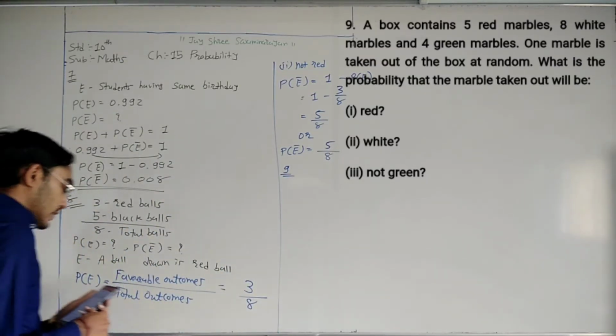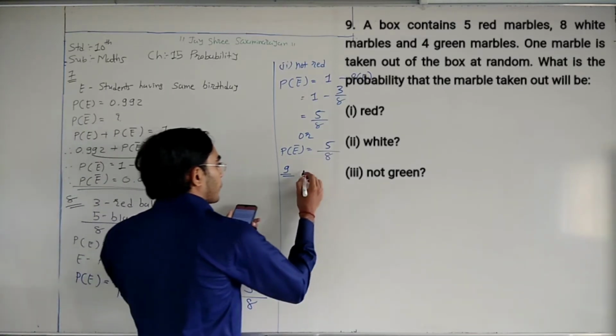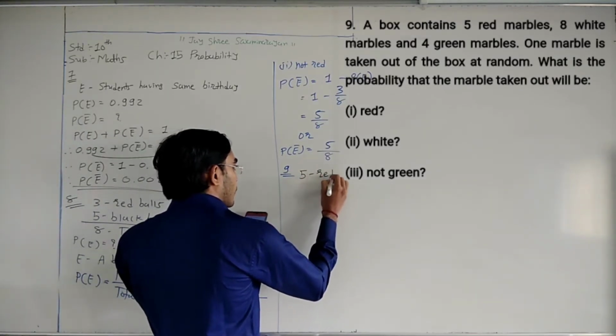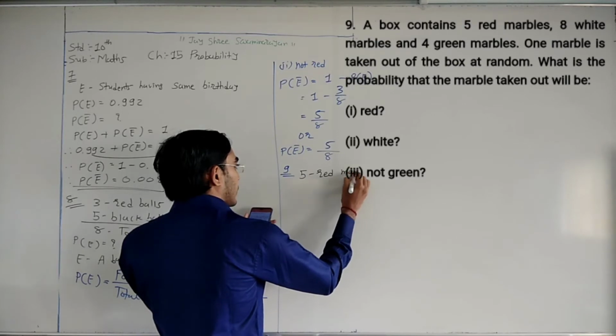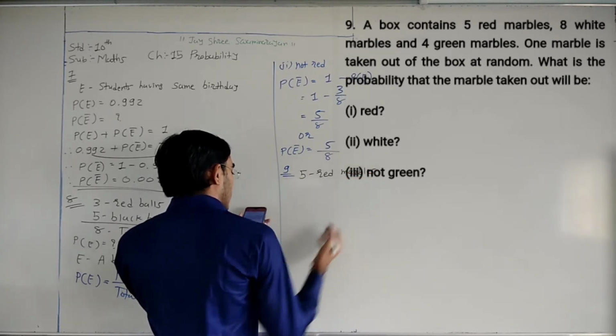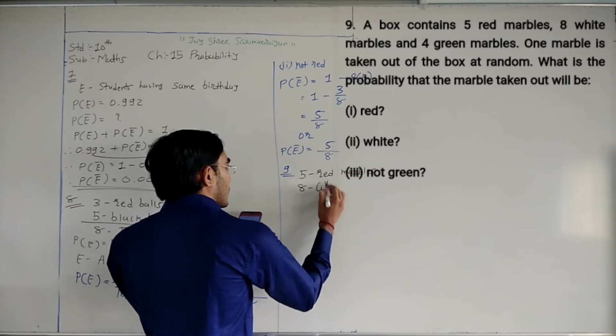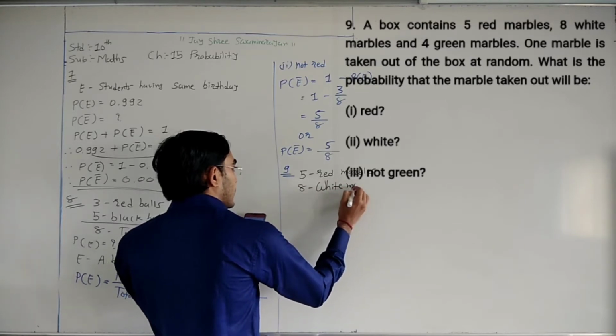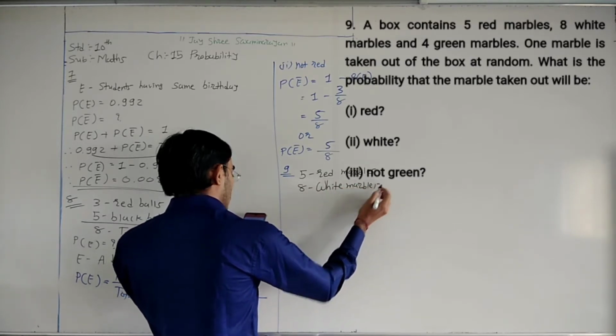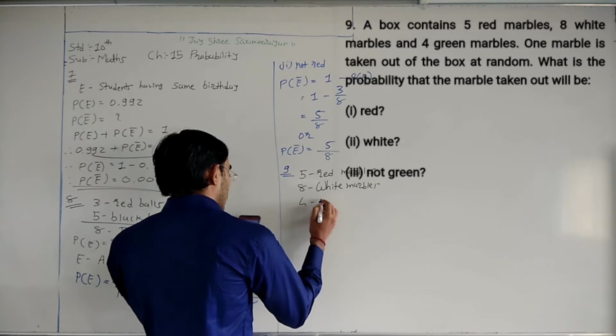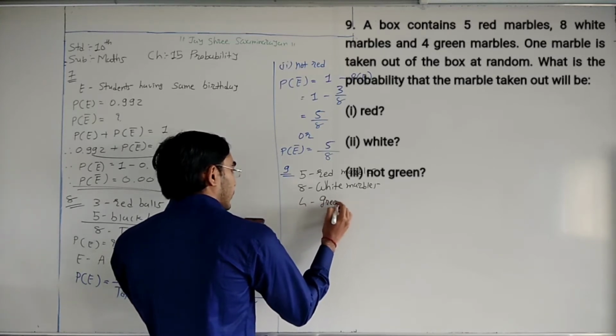First of all, just write down the details here. So here we have 5 red marbles, 8 white marbles, and 4 green marbles.